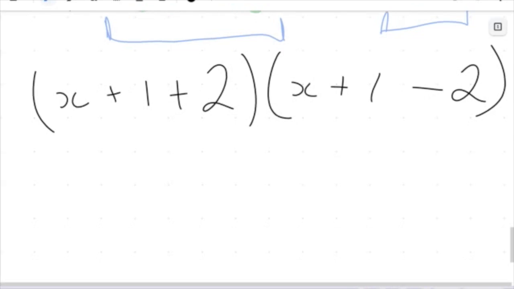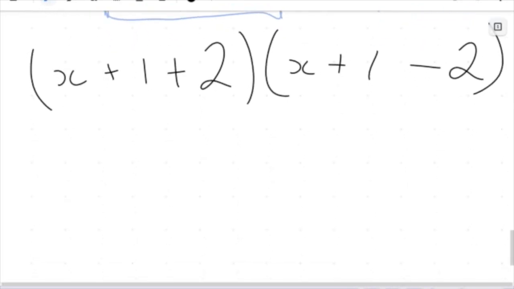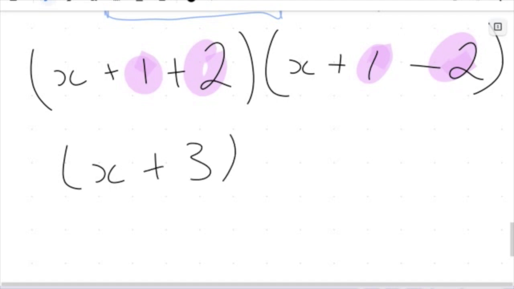But that's okay. Now, if I take both of these terms, I can see there's a bit of simplification that can be done. Because I have x, I don't know what it is, but I have 1 plus 2. I know what 1 plus 2 is. In the same way, I know what 1 minus 2 is. So here I'm going to have x plus 3, and here I'm going to have x minus 1.